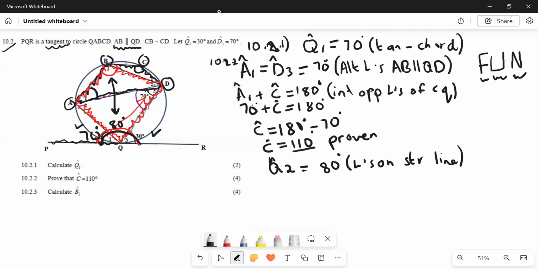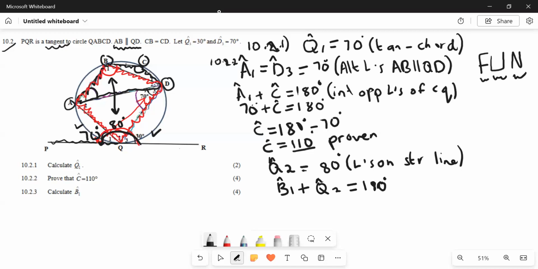So we can now say B1 plus Q2 is equal to 180 degrees.